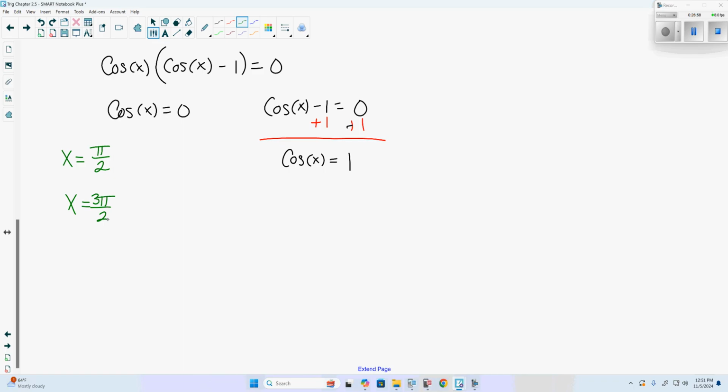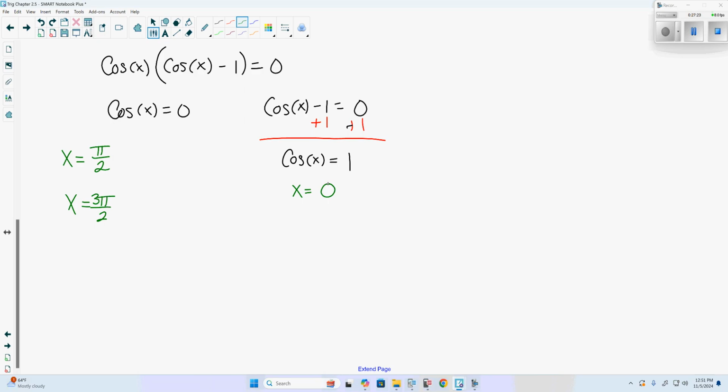Now, the value at which cosine of x is equal to 1 is specifically when x is equal to 0. If it restricted us to the interval of 0 to 2 pi, these would be our three answers.